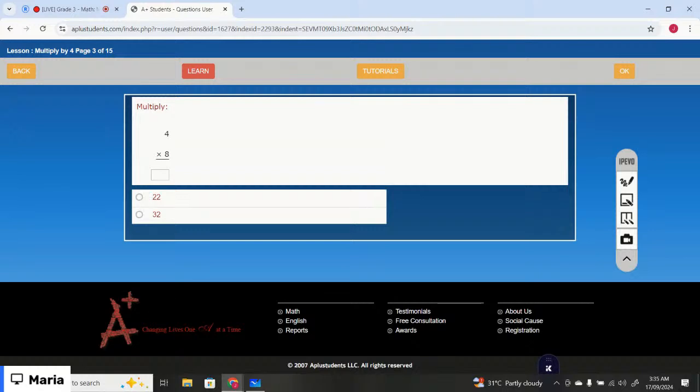The next one is 4 times 8, which is the correct option?